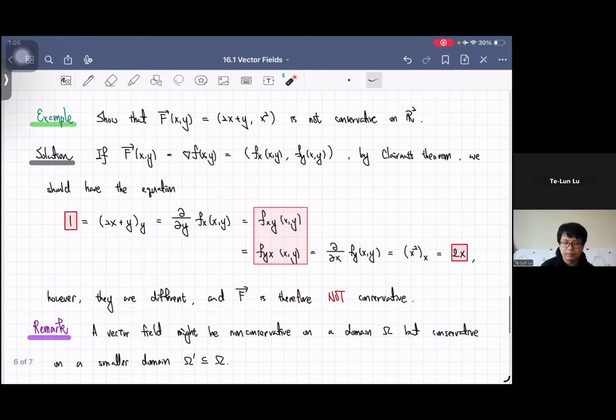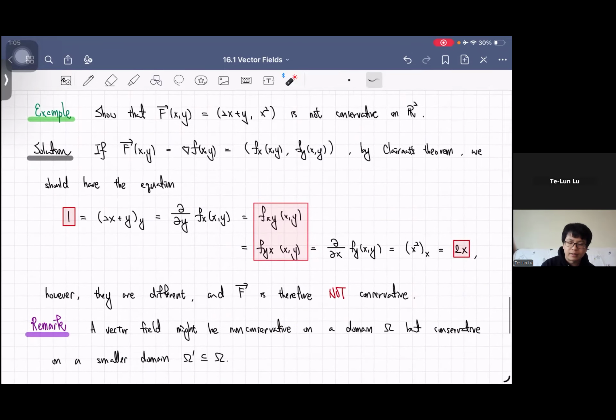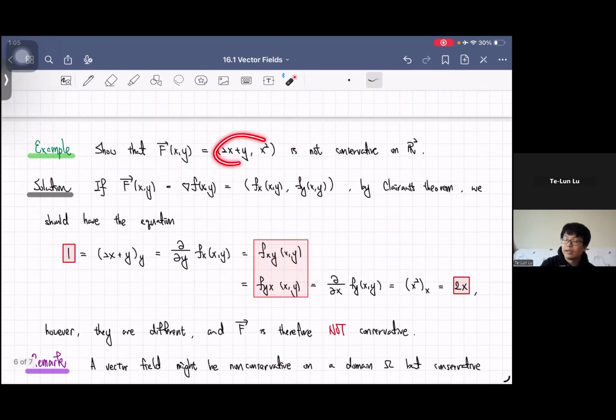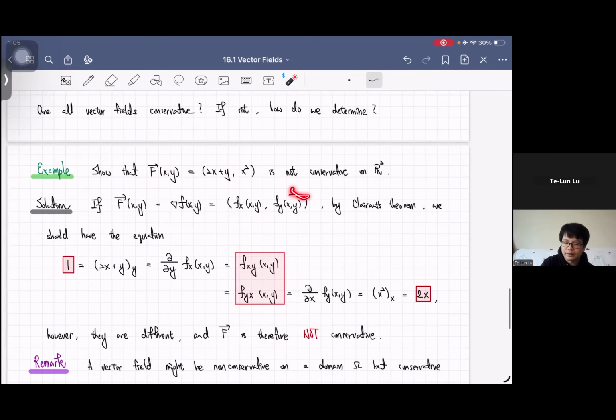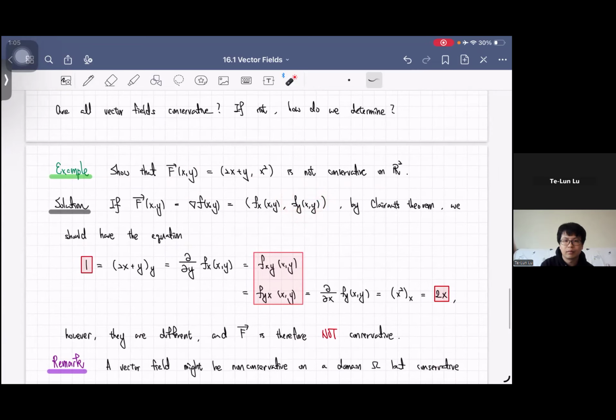So let us show an example. Given this vector field F(x,y) defined on the 2D plane, given by (2x plus y, x squared), I want to show that it's not conservative on R2. So suppose it is. Let us write the capital F to be the gradient of a potential function, which means that the first component is the partial differentiation with respect to x, and the second one is the partial differentiation with respect to y.